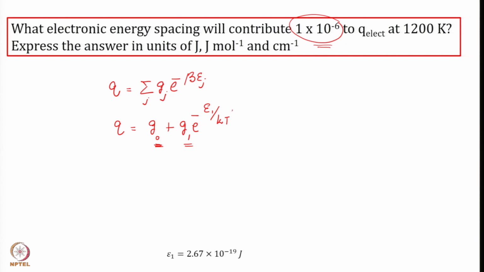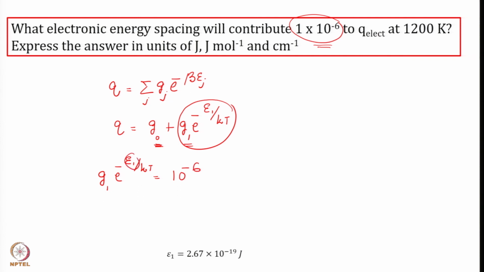We need to calculate the value of E1 so that the contribution is 10 raised to the power minus 6. So we are interested in g1 exponential minus E1 upon kT equal to 10 raised to the power minus 6. This is the problem to be solved, and we are supposed to calculate E1.